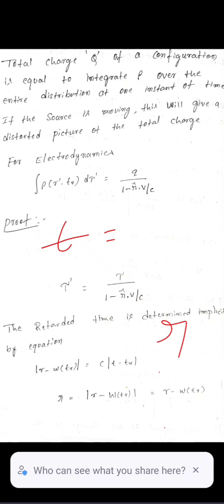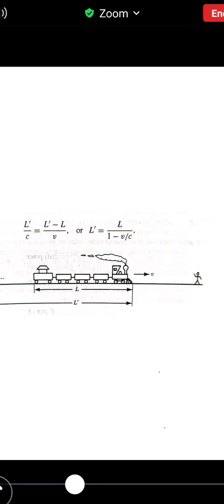This is curly r. c into t gives r, and minus c into t_r gives w(t_r), so curly r. Both equations are equal. Next we move on to the next page.